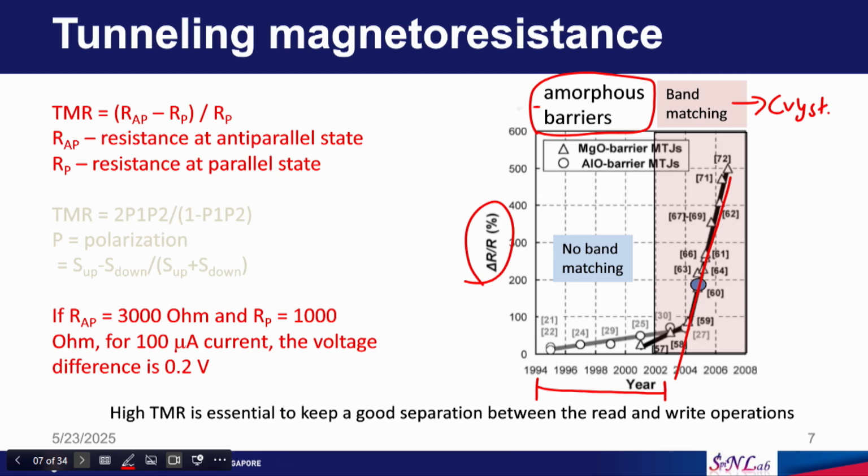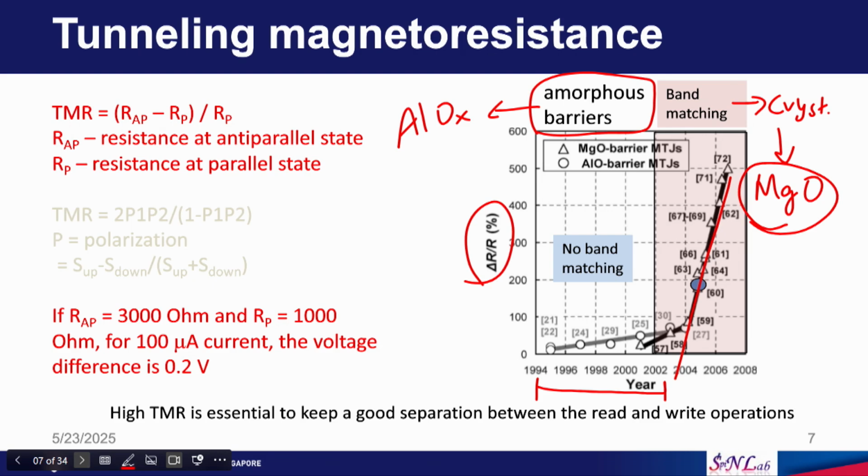Here it is aluminum oxide, and when it comes to this point, it is a magnesium oxide barrier. This discovery, a theoretical proposal of magnesium oxide, led to a larger TMR in the later part.